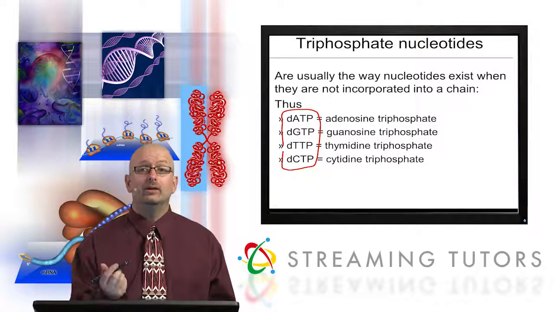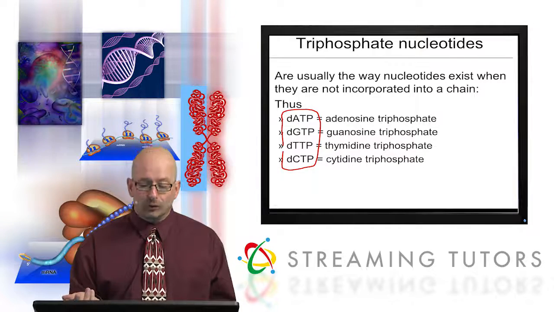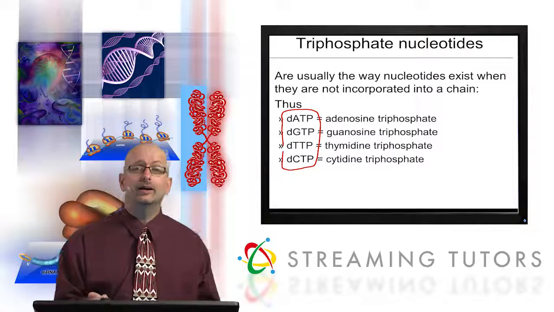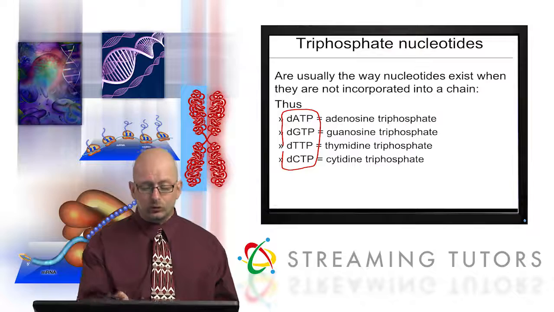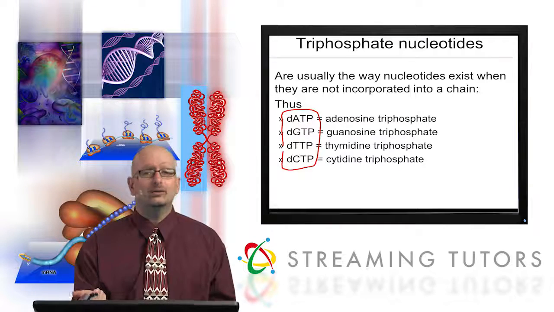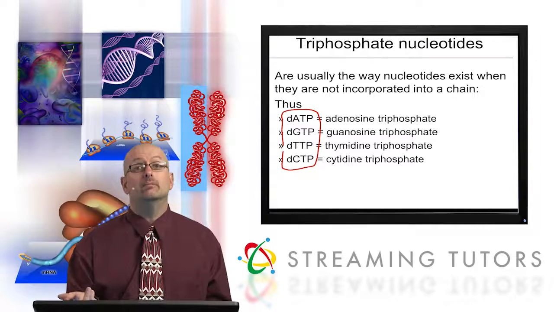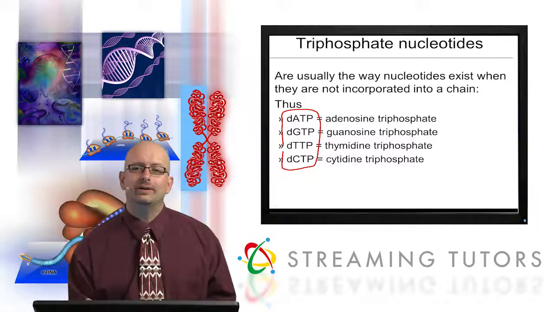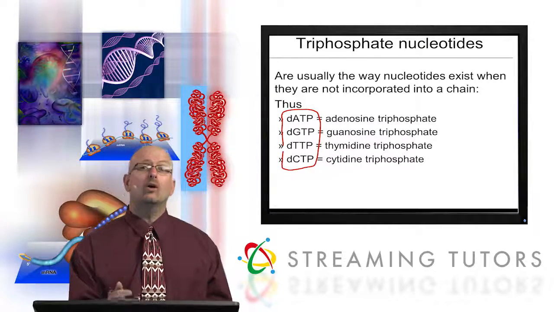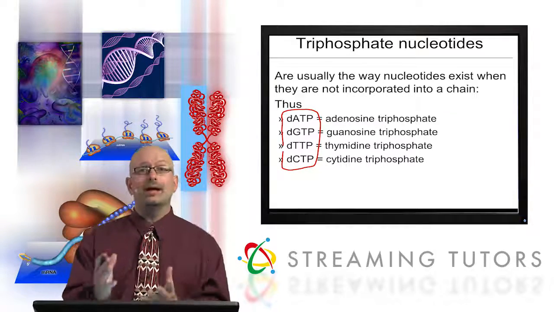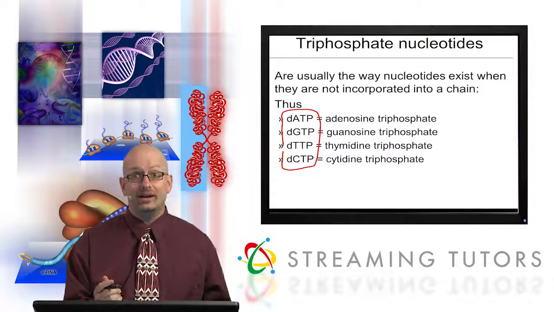So we have dATP, or I wrote adenosine triphosphate, but technically it would be deoxyadenosine triphosphate, and you can just go down the list: deoxyguanosine triphosphate, deoxythymidine triphosphate, deoxycytidine triphosphate. So this is the way often you'll encounter the nucleotides, if they're not in a DNA chain.